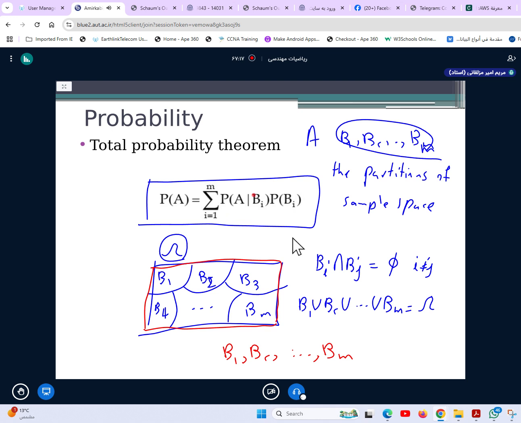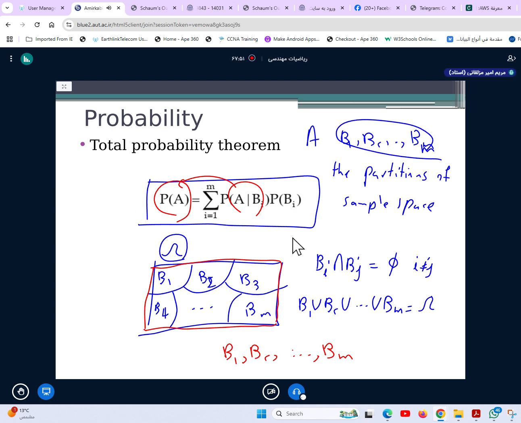Imagine that we know the probability of event A given Bi, and we need the probability of A. Then we can use this formula. I repeat, when you have the conditional probability of A conditioned on some partitions, and you want the probability of A without any conditions, you should think of the total probability theorem.